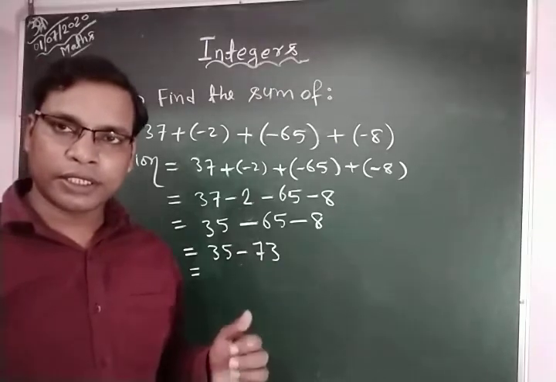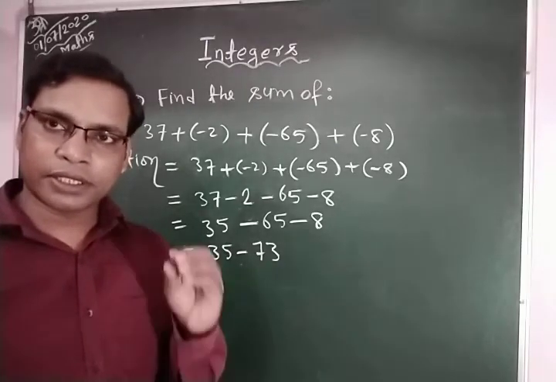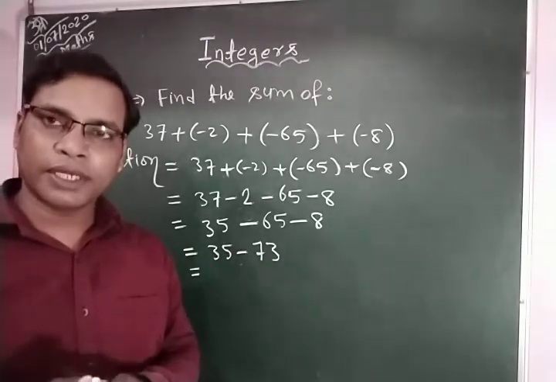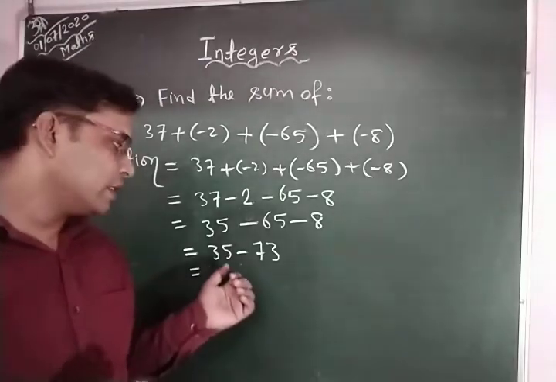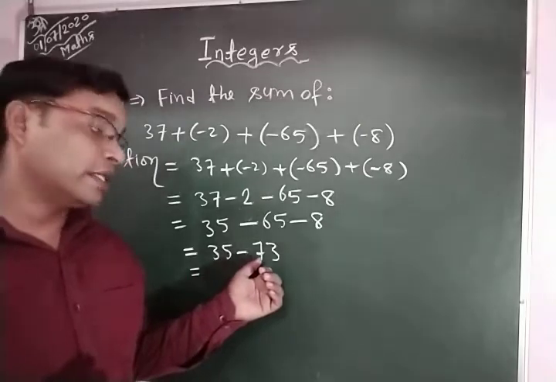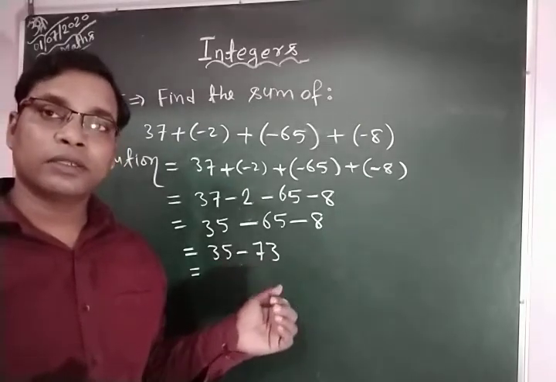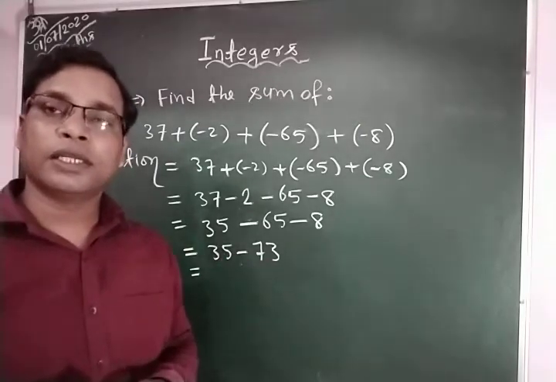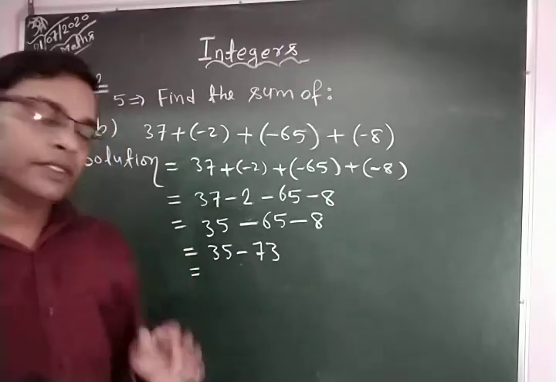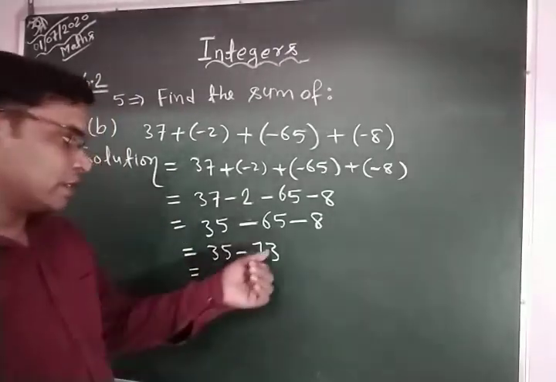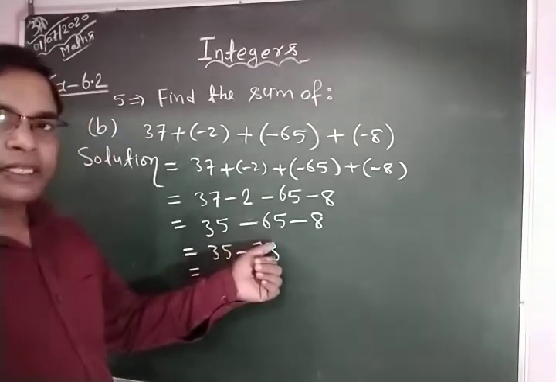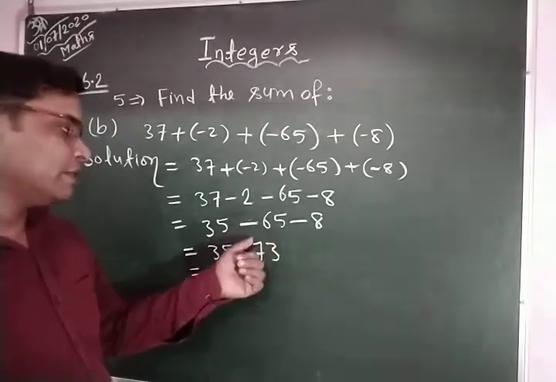So here subtraction is confirmed. We subtract smaller quantity from greater quantity. So here smaller quantity is 35 and greater quantity is 73. So we use here the sign of greater quantity. The greater number is 73.